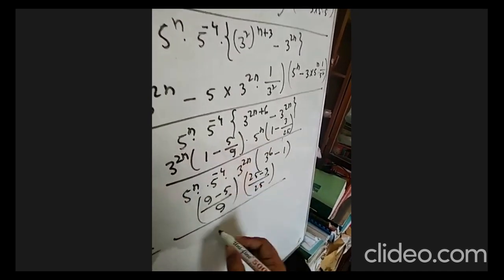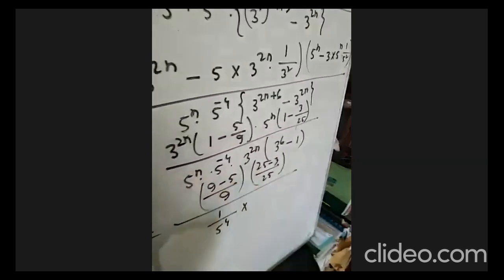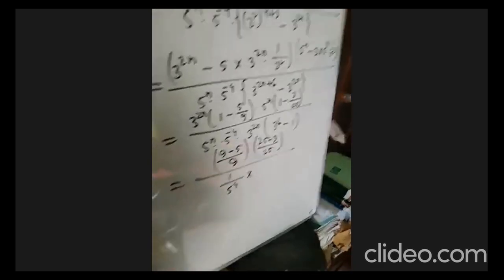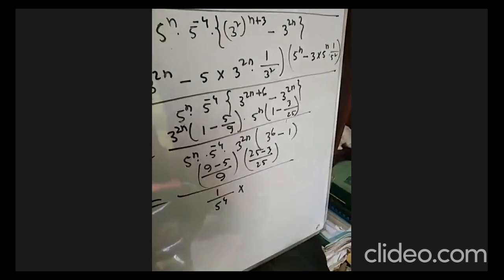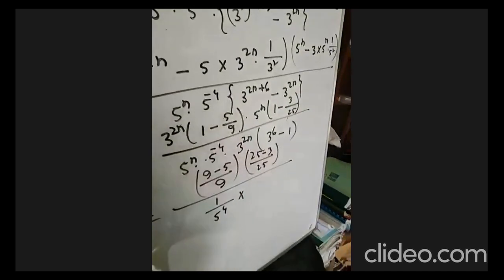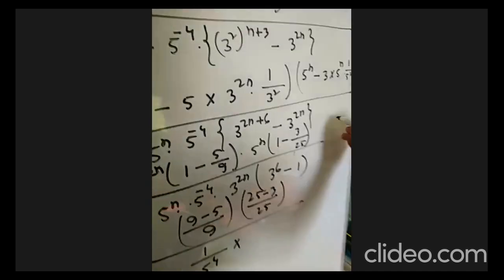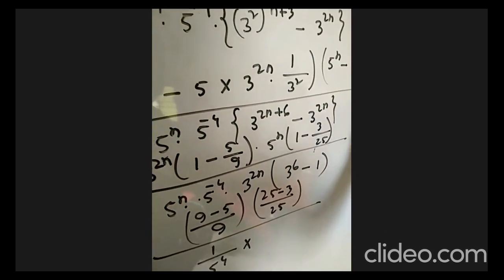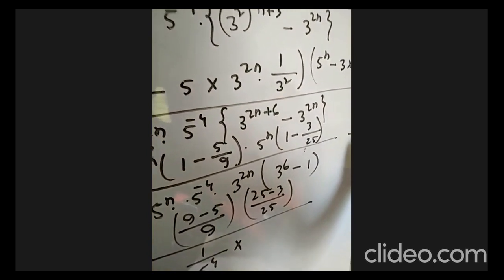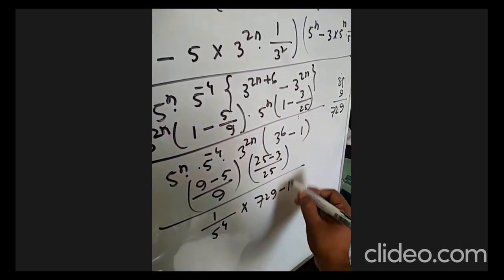So 1 by 5 to the power 4 multiply 3 to the power 6. What does 3 to the power 6 mean? Can you tell me? 3 to the power 4 means 81. 81 multiply 9 is 729. 729 minus 1.